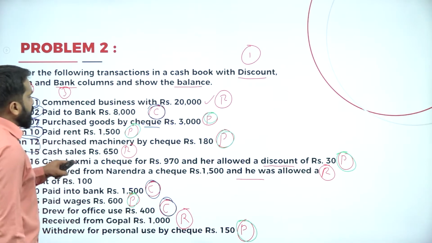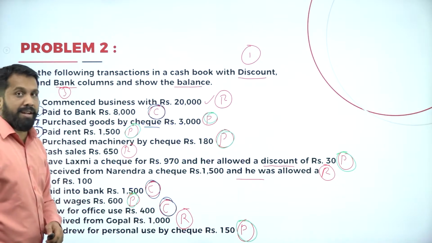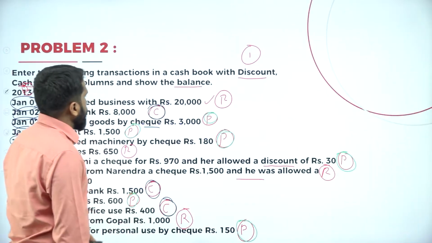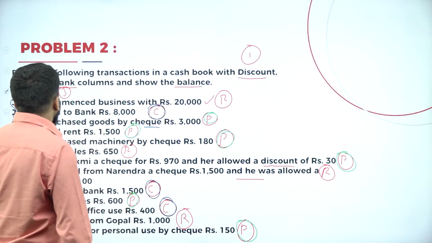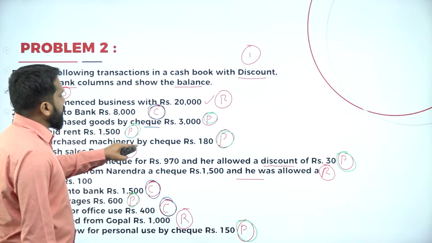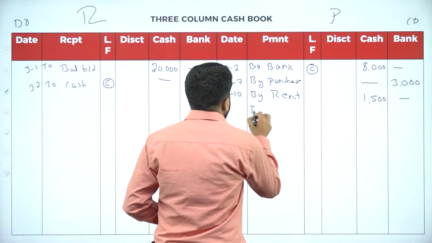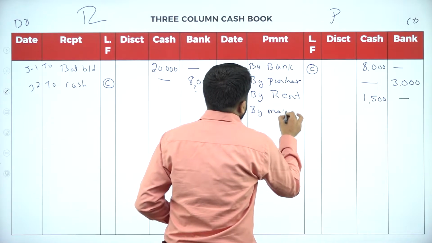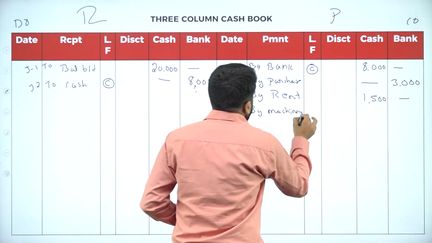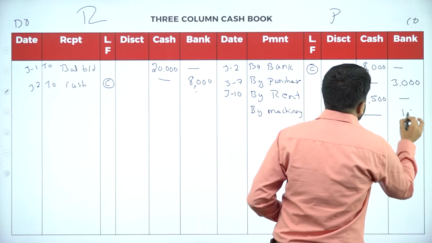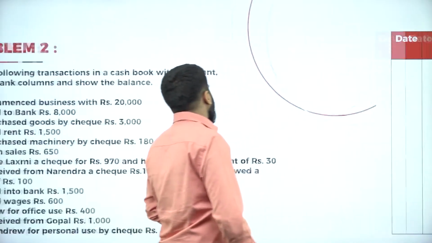January 12th, purchased machinery by check 180. Again, payment. So, all payments only. Purchased machinery by check, it is 180. By machinery. So, bank column 180. What is the date?